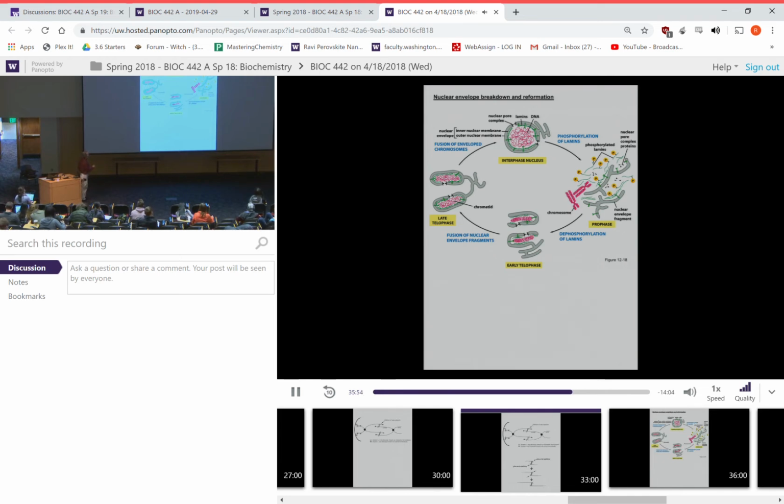And what happens, that phosphorylation causes that strong network to break down. So underneath the nucleus, instead of this really rigid thing that's giving the nucleus a lot of strength, because of the phosphorylation, the whole network falls apart. And now the nuclear envelope doesn't have anything really strong, which, as I'll show you in a second, allows it to be broken apart. So that's the condition that will occur through most of M phase.